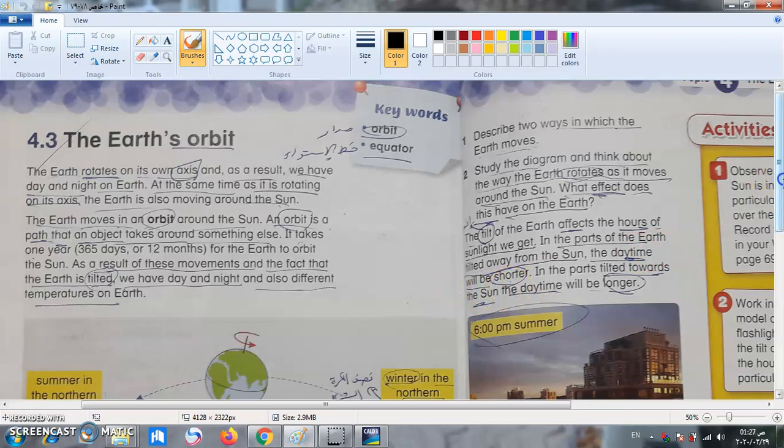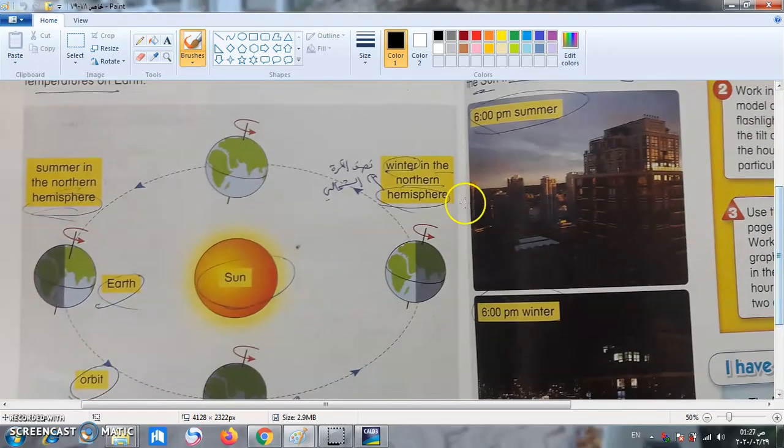Let's see again the picture. He said, when the earth is tilted more, the part that faces the sun, it has a longer daytime. The daytime is longer. But when the tilt is less, we have the day is shorter. The daytime is shorter.